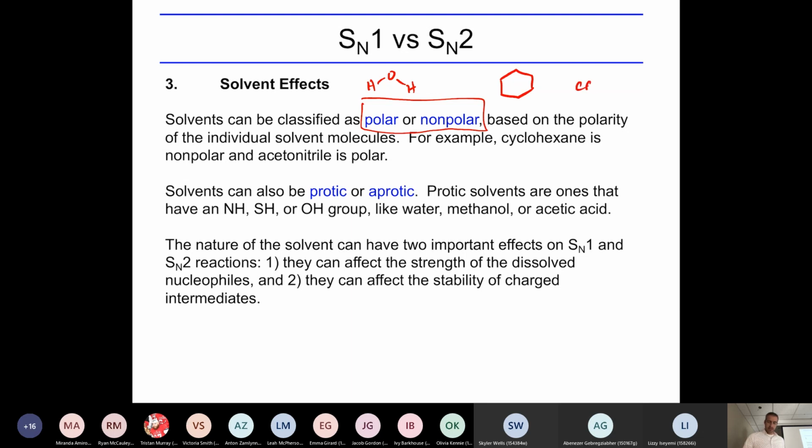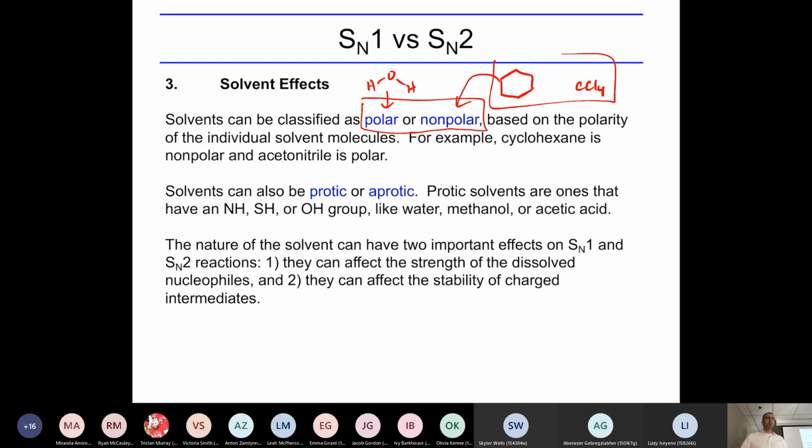Or let's say CCl4, carbon tetrachloride, also a liquid at room temperature. These two are nonpolar. They have only dispersion forces. They don't have any polar bonds. So we would classify these as nonpolar solvents. Okay, so think of all the solvents that we could pick. We can split them up into these two types, polar and nonpolar.